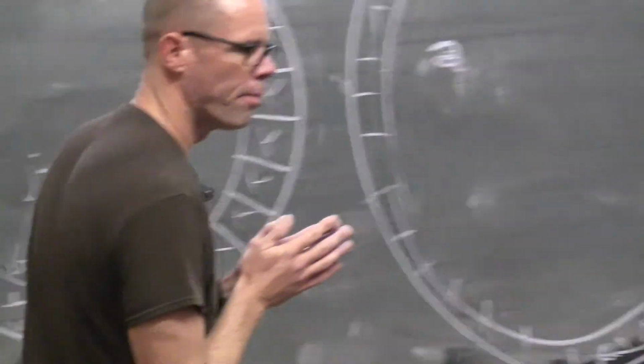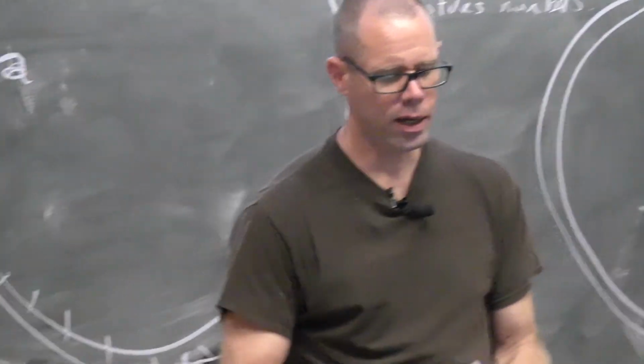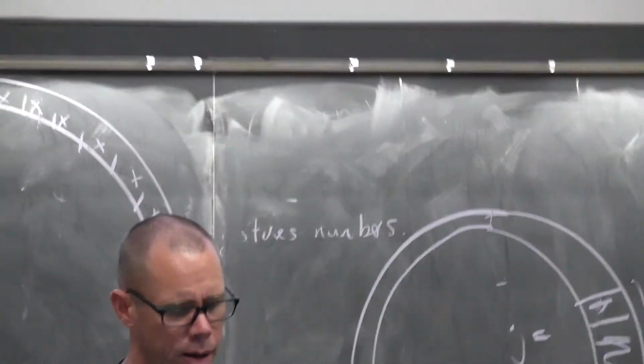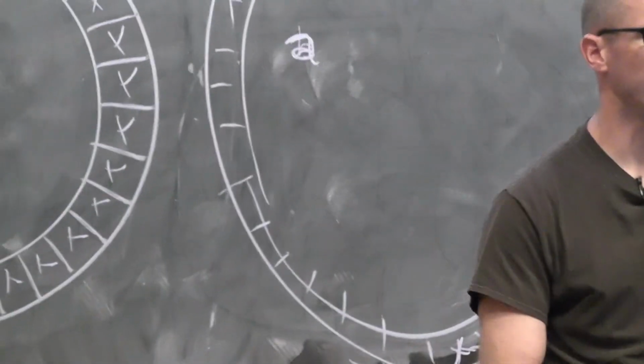To add an item, you do the first thing. You check if when I add one more to n, am I going to get something that's bigger than the length of my array? If so, you call resize, and you know that resize is going to make that bigger. Then you go to position j plus n, modulo the length of the array. You set that to x, increase the value of n, and return true.